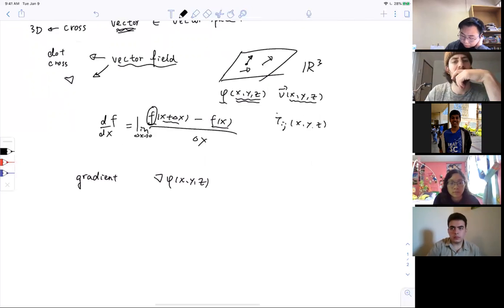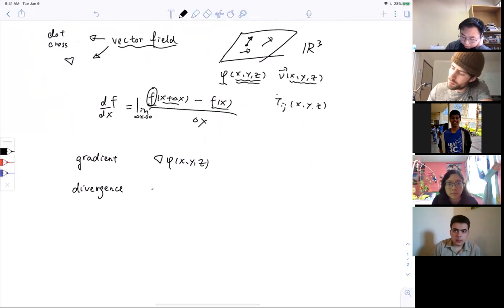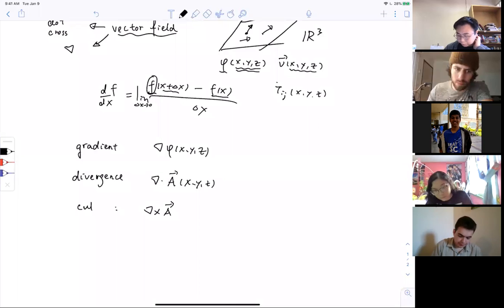This will give us a vector field. And also divergence, acting on a vector field. This will give us a scalar field. And also the curl, acting also on a vector field, gives us a vector field.